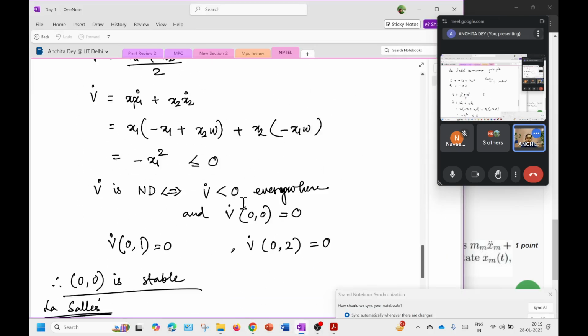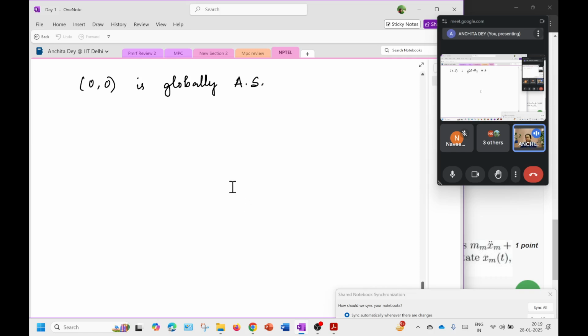Just to give an idea, if W is time varying, then we cannot apply LaSalle's invariance principle.